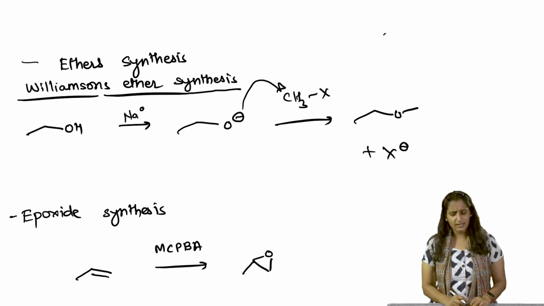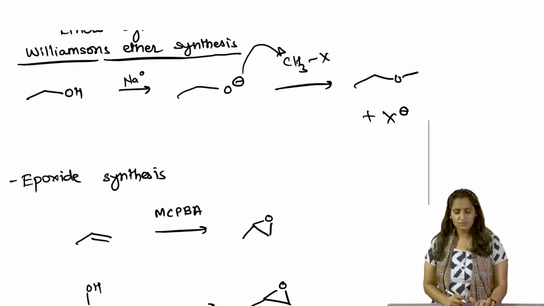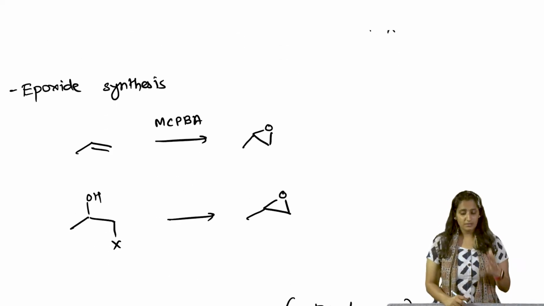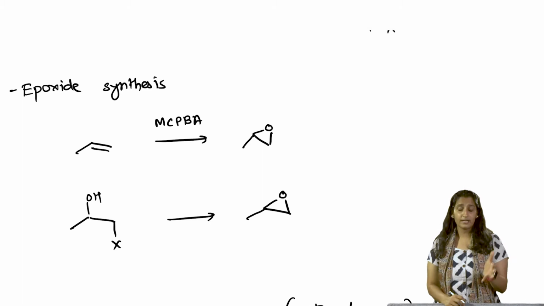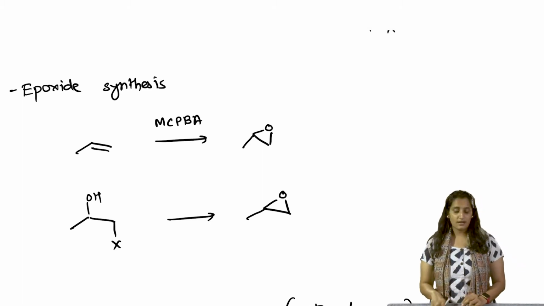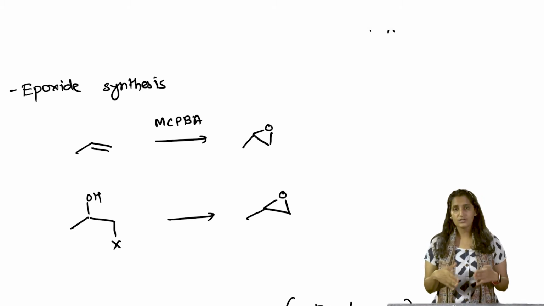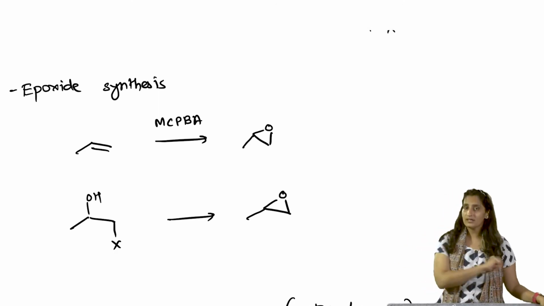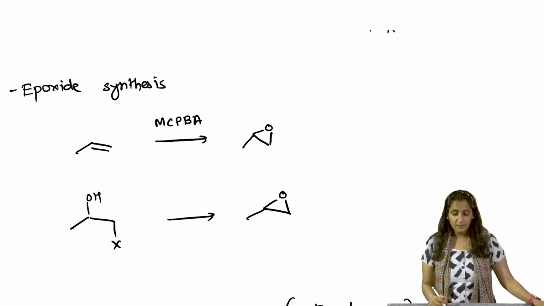What other ways did we look at last time? We looked at various ways to form an epoxide. Epoxides can be formed in the presence of MCPBA or any kind of peracids, and this method, as we saw, was stereoselective, in the sense that depending on the stereochemistry of the starting material, the end product also had a very particular stereochemistry for that epoxide.